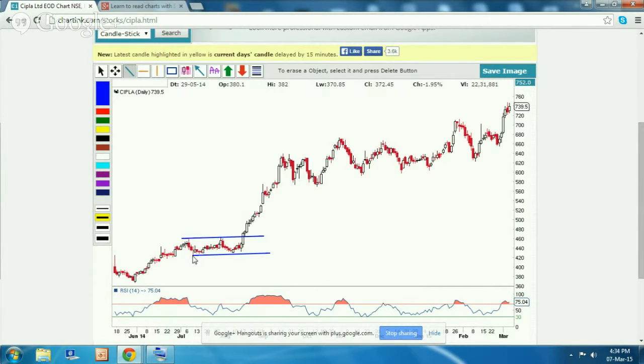This sideways movement is a temporary pause in the uptrend. So this rectangle is a continuation pattern. Earlier the trend was up, then it was resting. It is also called consolidation, sideways movement, and then it has broken through.